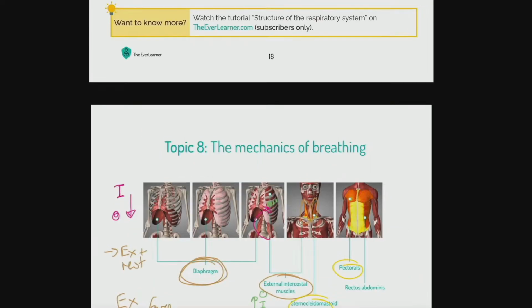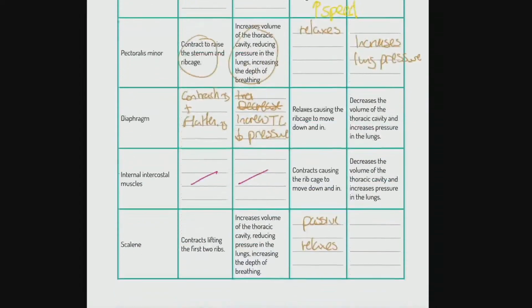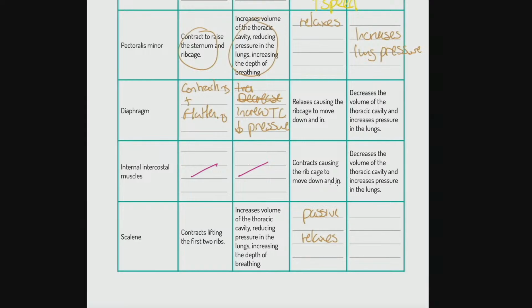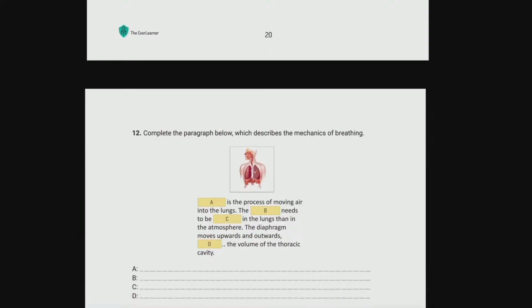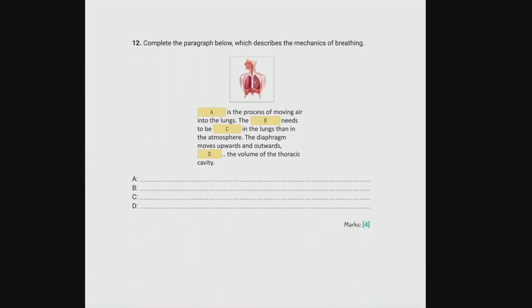And of course, what does that do? They're passive during breathing in, but they contract to cause the rib cage to move down and decrease. This is for expiration only, and it's to make it faster. That's what the internal intercostal muscles actually do, and those little details make a difference when we're writing about this thing. Okay, pause there.